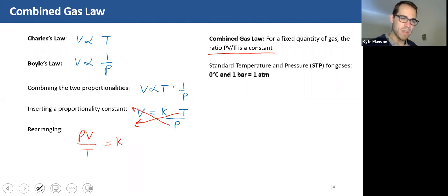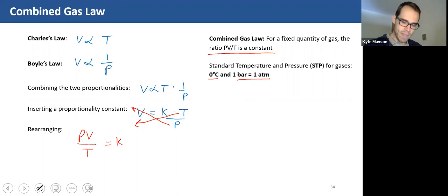This is PV. And this tells you right here, standard temperature and pressure, STP for gases. These are just conditions: 0 degrees Celsius and 1 bar or 1 atmosphere. We'll use that for some example problems later.